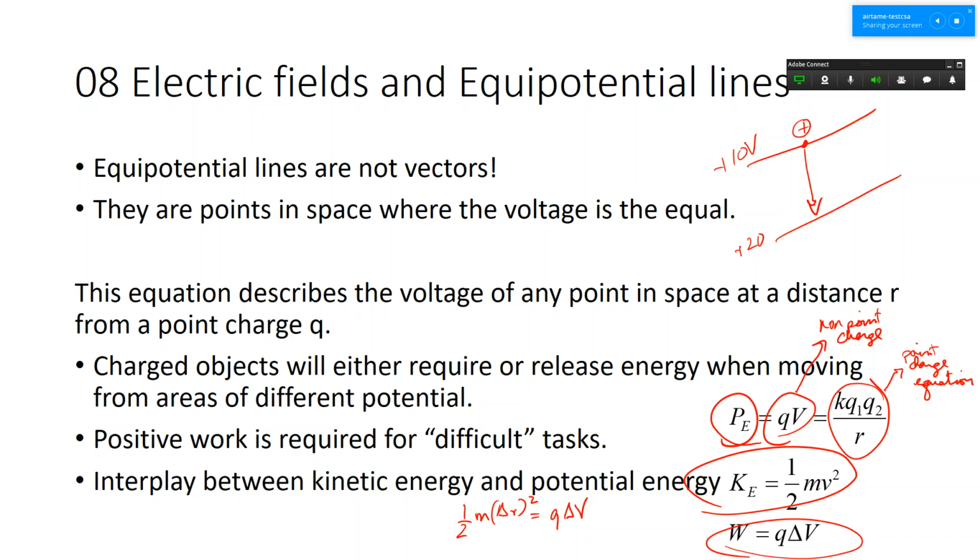It's going to require energy because it's going to an area that's more positive. A positive charge going into an area that's more positive requires energy. So is it going to gain potential energy, or is it going to gain kinetic energy? It's going to gain potential energy, okay? And therefore, if it's gaining potential energy, it's losing kinetic energy, because that energy has to come from somewhere.